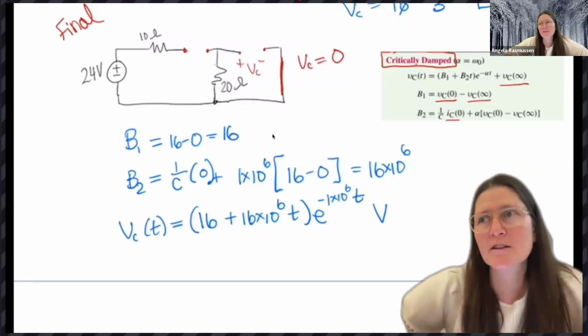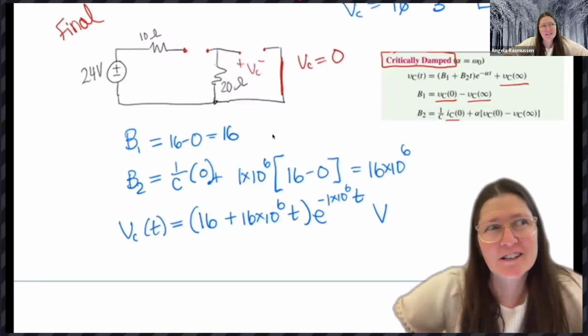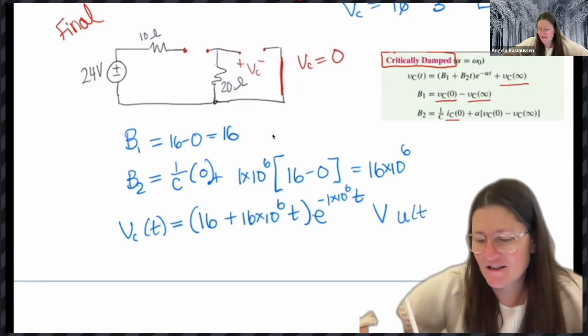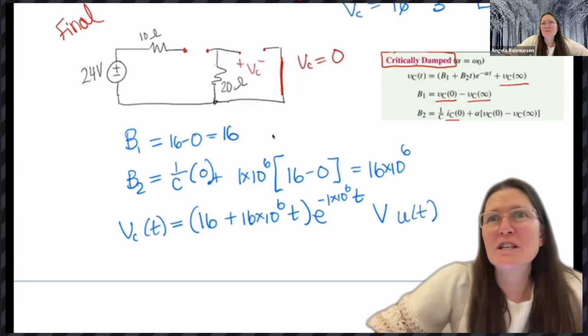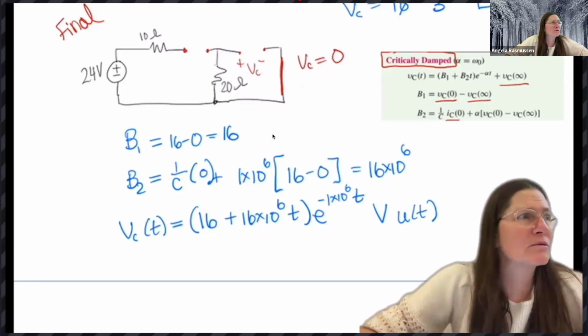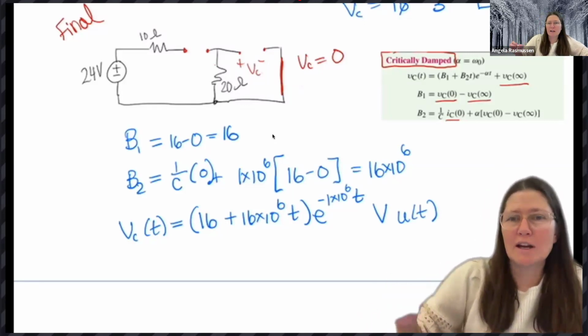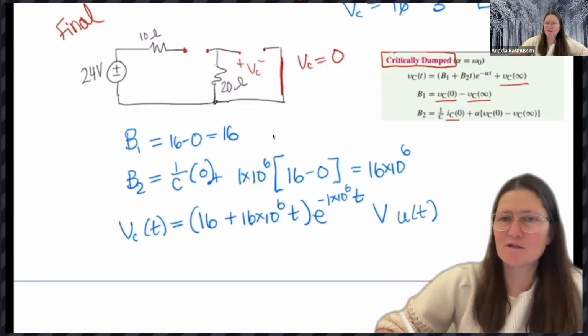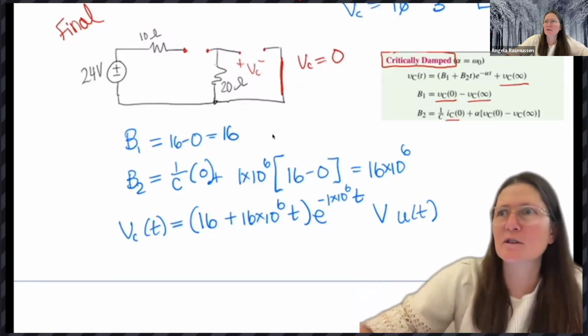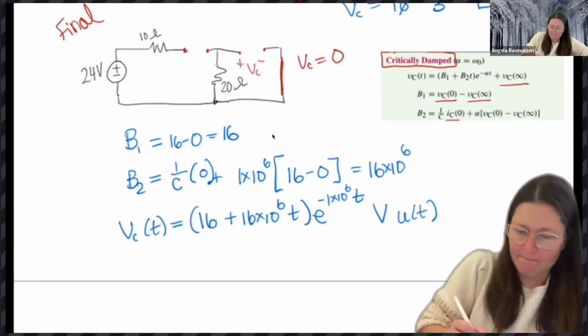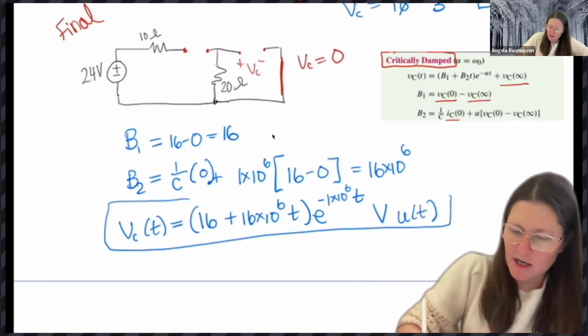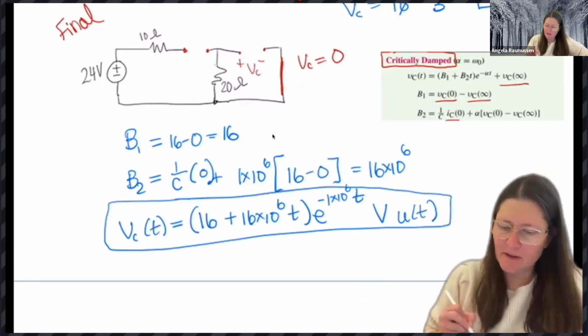And what do I put on the end of this? U of t. So this is only valid after t equals 0, or you could write it as just for t greater than or equal to 0. So this would be my end answer.